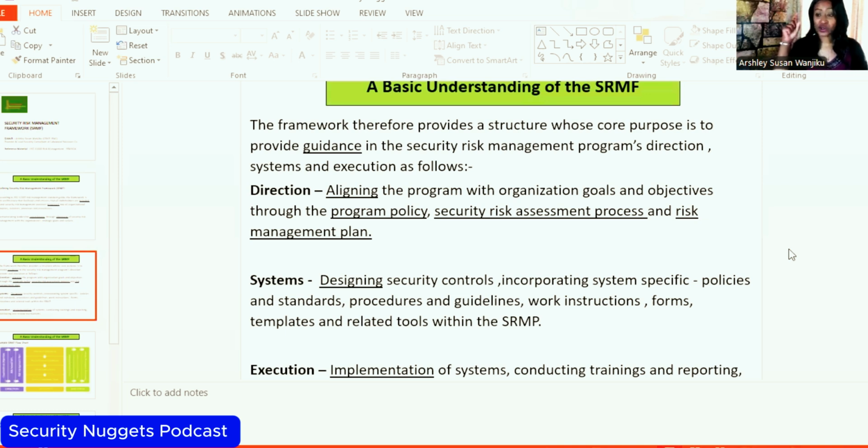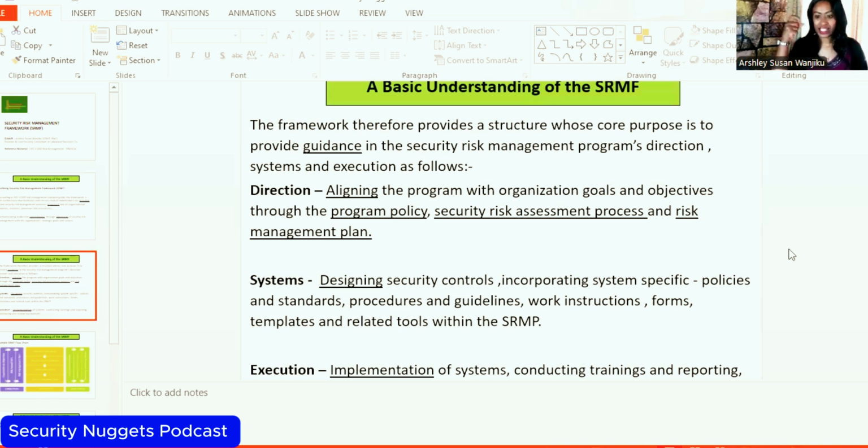It is also through the SRA that the organization is going to be able to analyze which risks take priority, rank high risks so that they can prioritize them in mitigating, evaluate better treatment plans and strategies, and also identify how these mitigations are going to be designed and implemented.